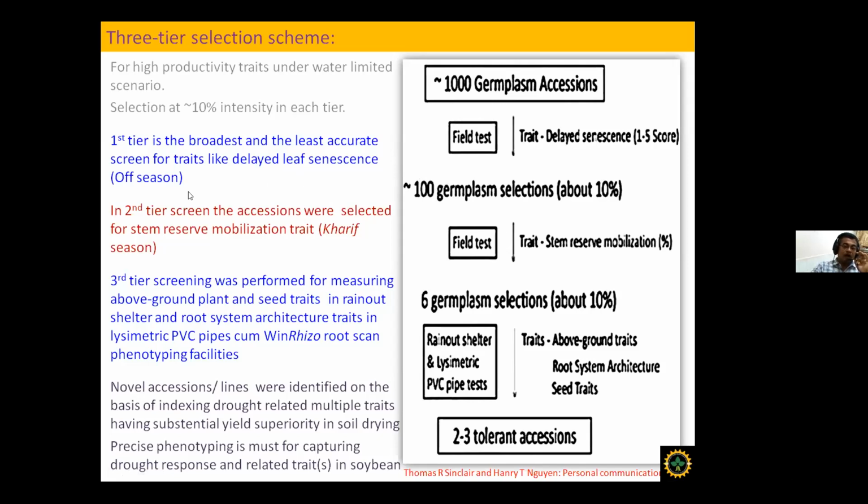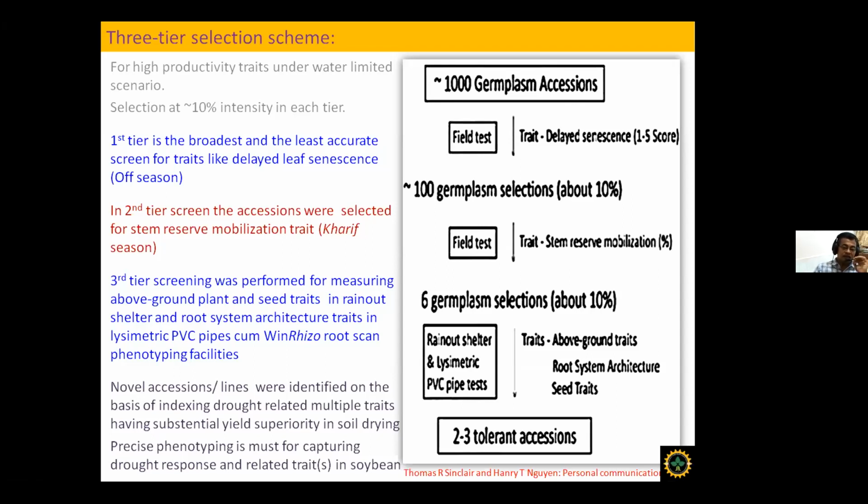In the second tier, the accessions were selected for the stem reserve mobilization trait during Kharif season, and the advantage of this technique is that it can be done in Kharif season as well. The only thing is, there should not be rain at the time of pod filling stage.